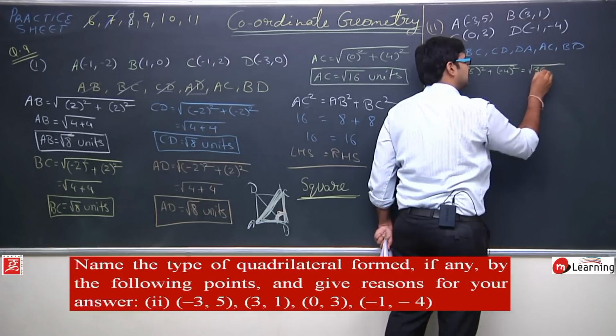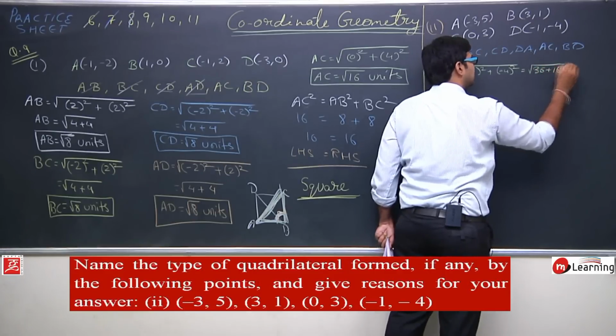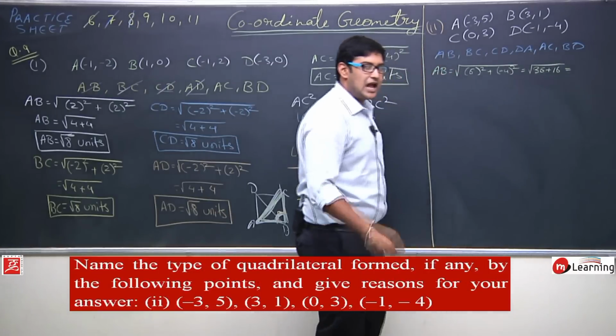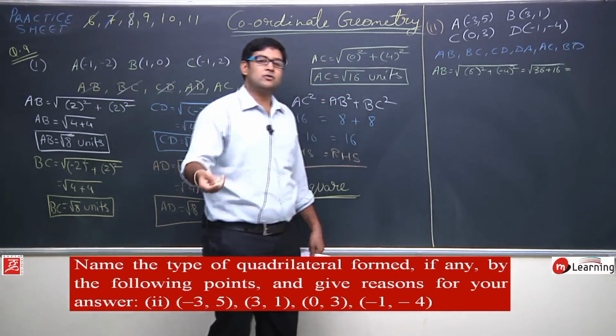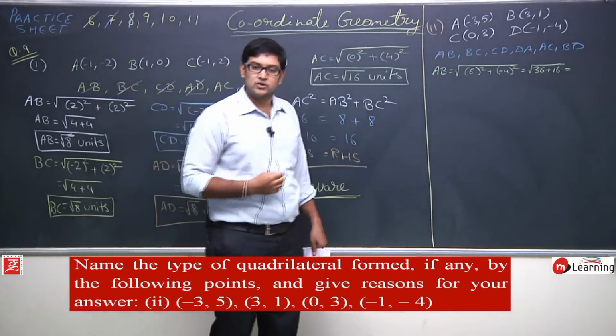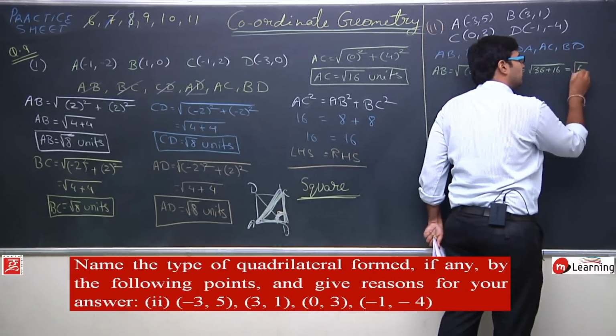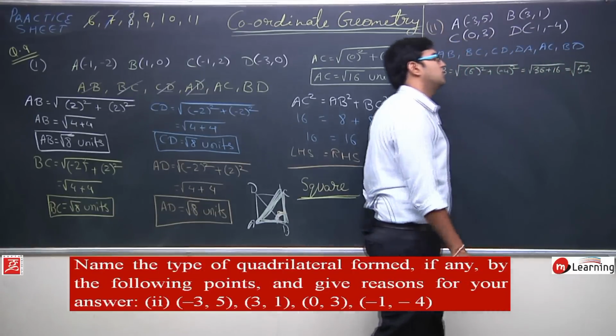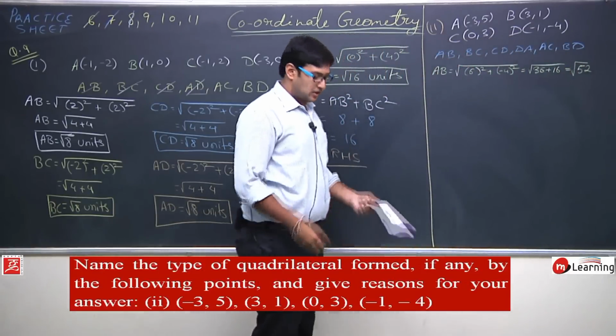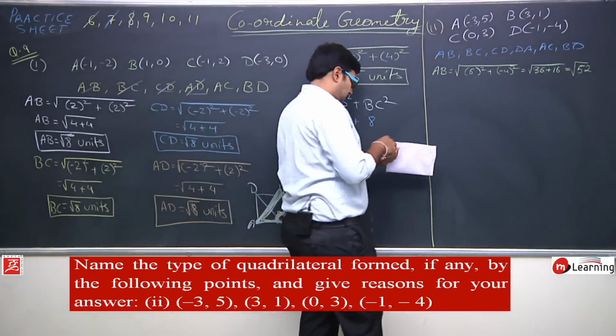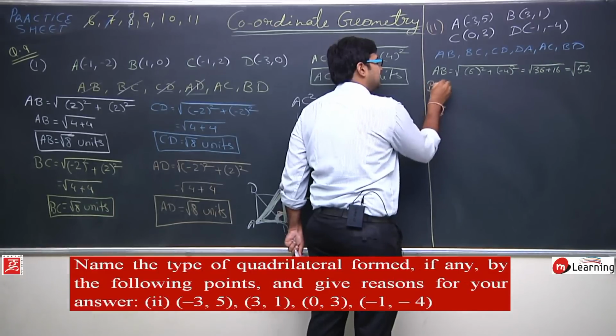So this is 36 and this is 16. What is 36 plus 16? Add 20 to 36, it will give you 56, and subtract 4, so it will give you 52. So this will give you square root of 52. This is AB. Similarly, let us calculate BC.